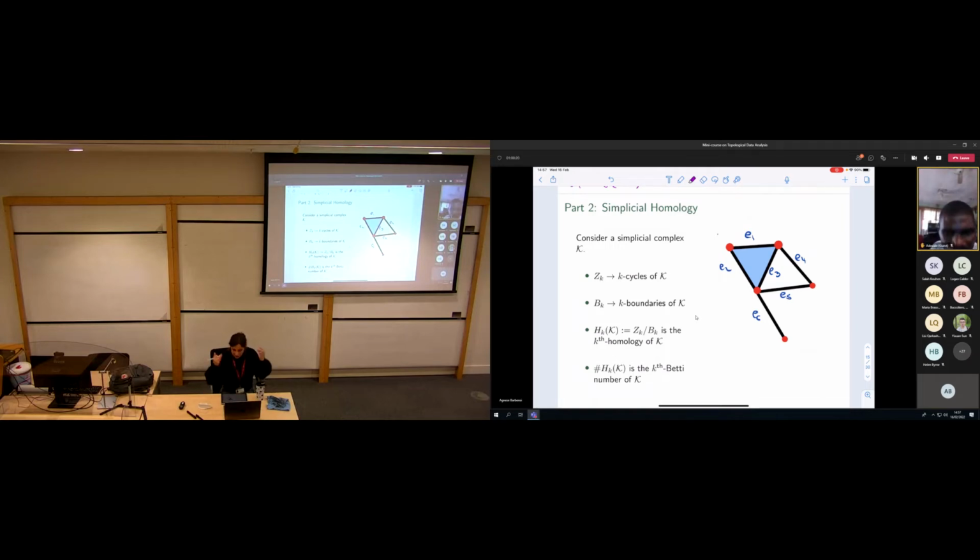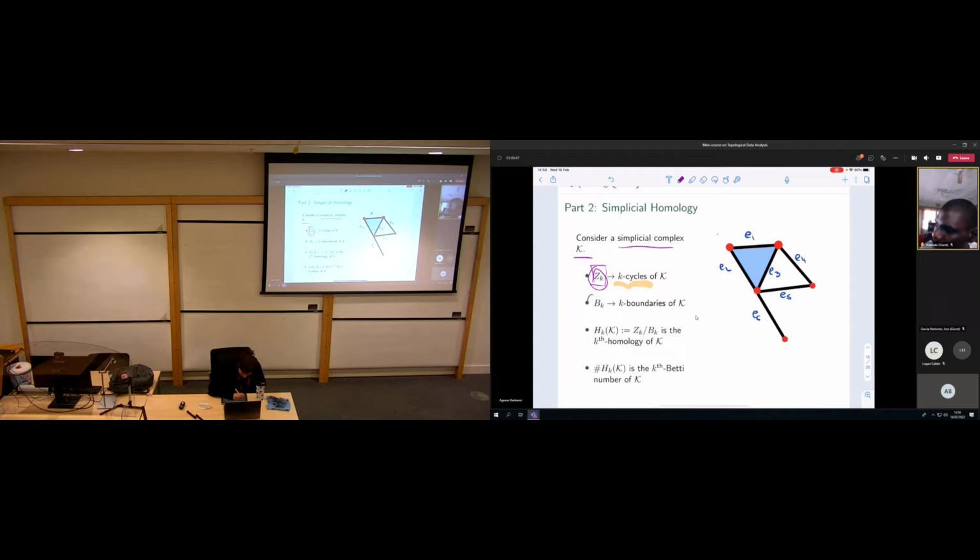We are ready to define simplicial homology. Not quite. I need another couple of very short definitions. We talked about k-cycles. Given a simplicial complex K, we can consider the set of all its k-cycles, and we call it Zk.